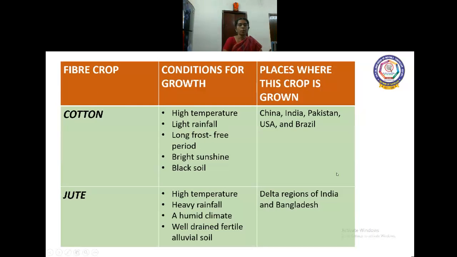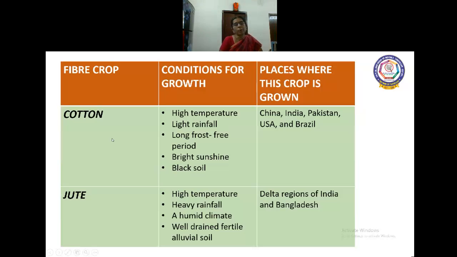And we move on to fiber crops. What is a fiber crop? It is used to make paper, rope, etc. So these fiber crops are grown in conditions of high temperature. When you take into account the cotton crop, it is grown in high temperature, light rainfall, long frost-free period, bright sunshine and black soil.